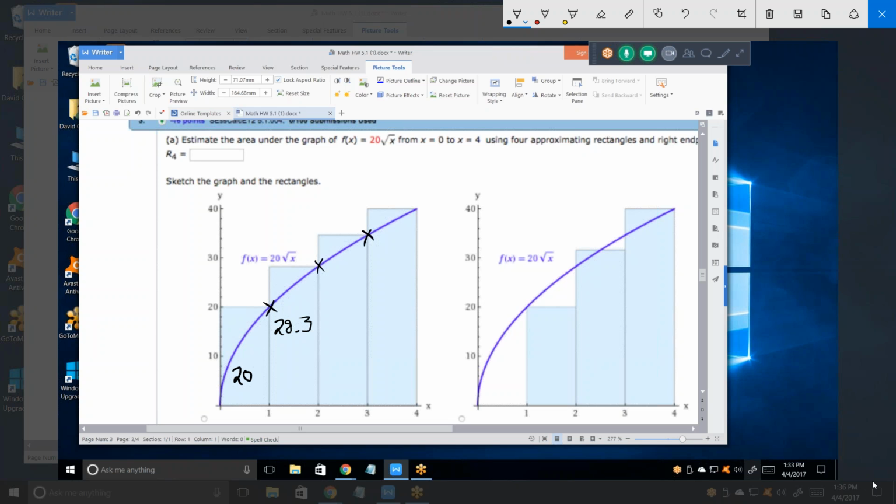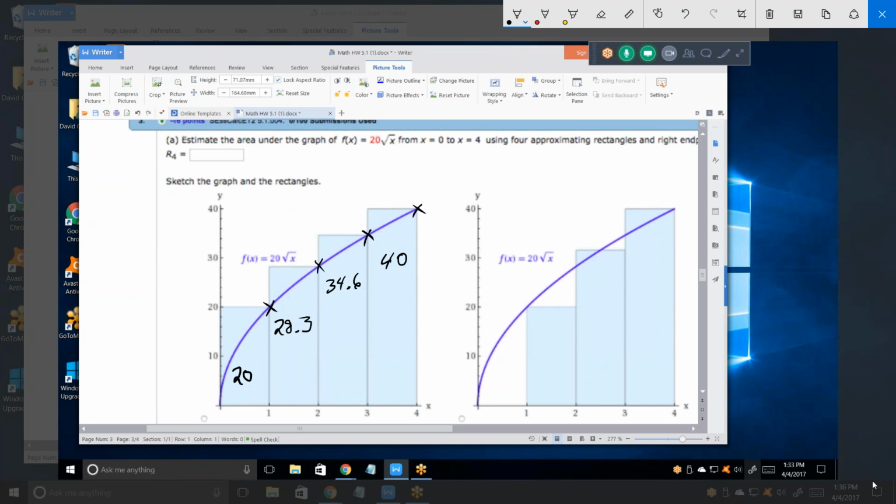Remember, it's root 3 now. It's not root 2. In other words, the x value is 3. So f of x is 20 times root 3. And finally, plug in 4 for x into the function. And what's the y value? 40. Okay. So that's 40 times 1. So we got that one right.